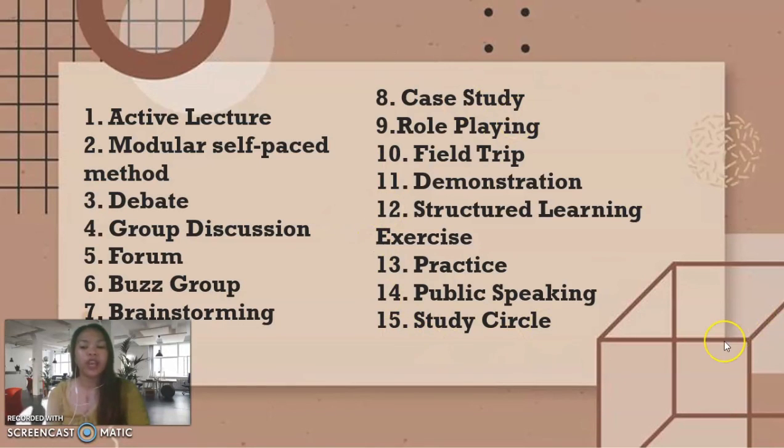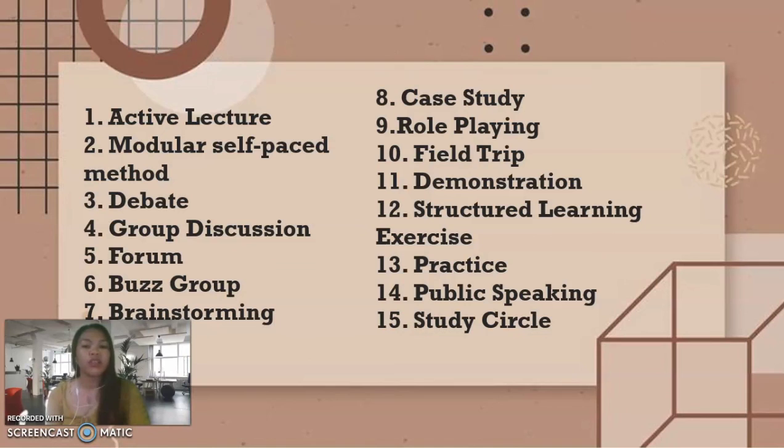As I have said earlier, in deciding what method you are going to use, you need to first identify the learner, what type of learner they are, and their characteristics as a learner.